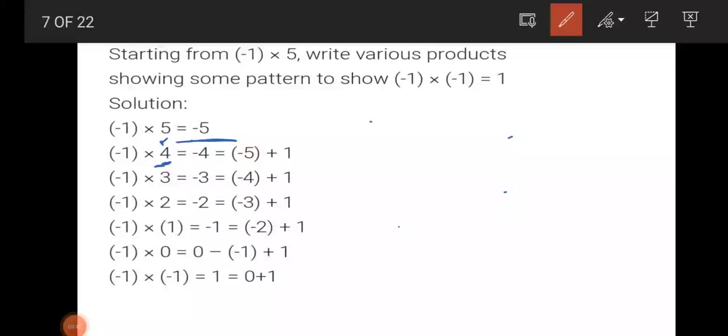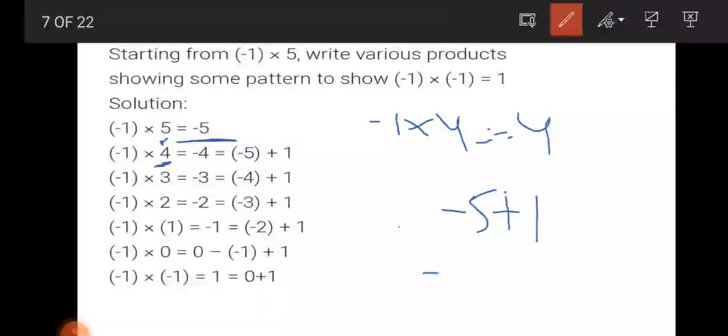So minus 1 multiplied by 4 gives the answer minus 4, and you have nothing to do. Whatever digit I add in minus, I must get minus 4. So I choose minus 5 and add 1 and get minus 4. That's it. You use this pattern for the second, then the third and fourth.